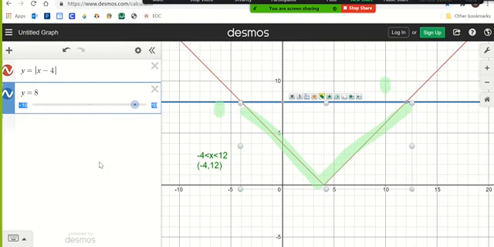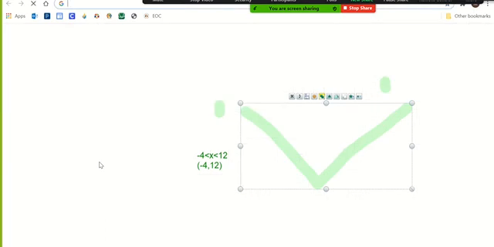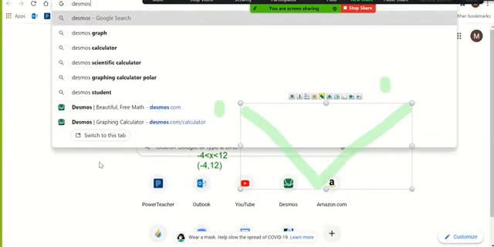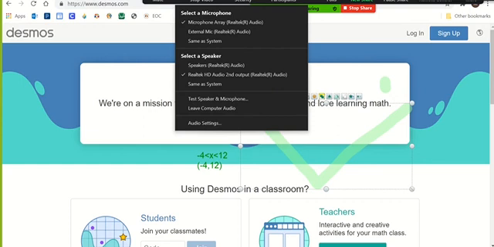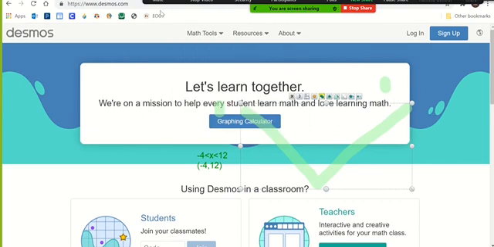Let's take that same logic through some other problems here. Let me create a new Desmos graph and erase all this stuff here. Let's go to the next example.